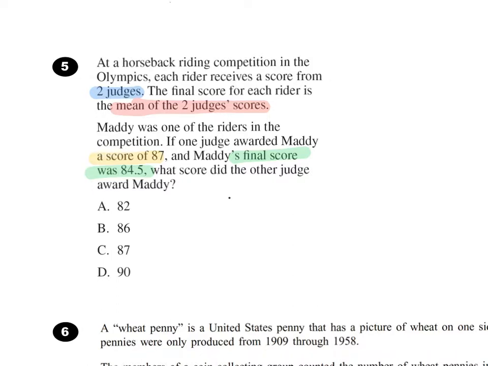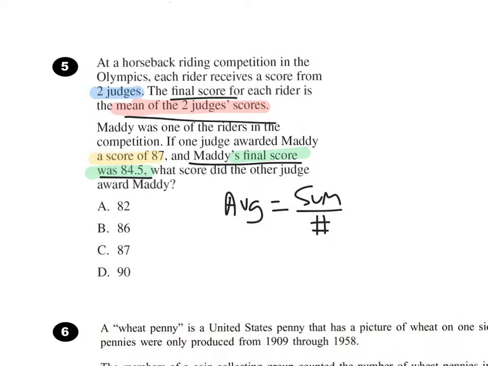I know the average, or the mean, is equal to the sum divided by the number of numbers. Well, here it says Maddie's final score was 84.5. How do they get the final score? They find the mean. So here I'm going to plug in the average was 84.5.